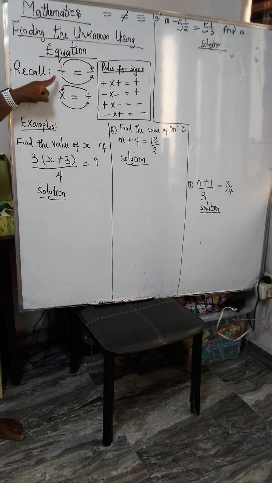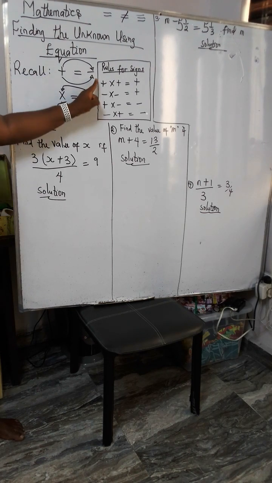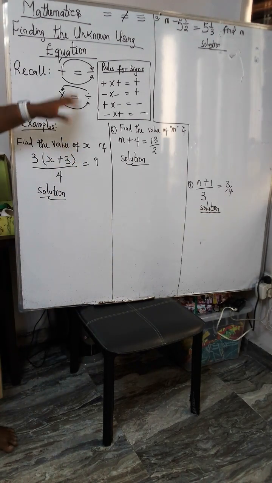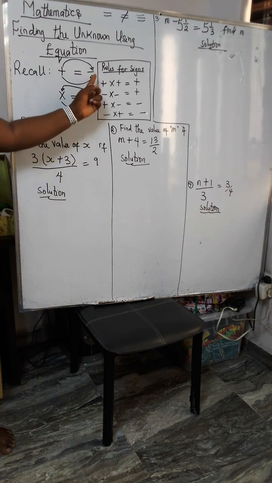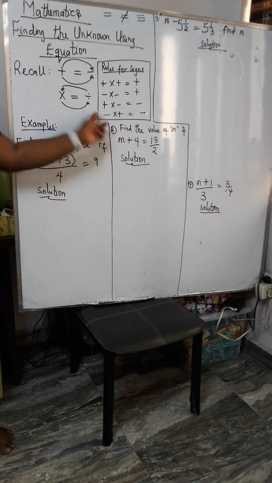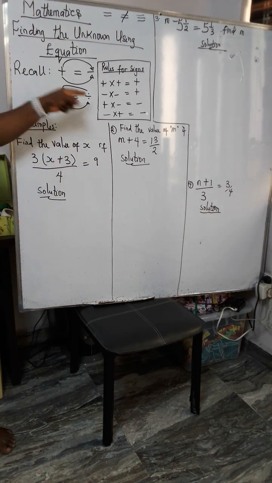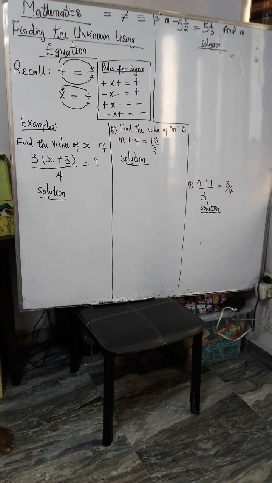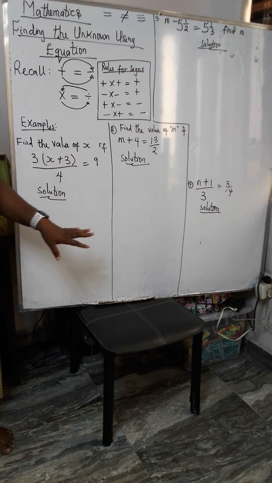Here they are showing us that when a positive sign, or plus, crosses over the equality sign, it changes to minus. And if minus crosses over, it changes to plus. You must take note of this. If multiplication crosses over the equality sign, it changes to division. And if division crosses over, it changes to multiplication. Having this in mind, we can attempt the questions we have here.